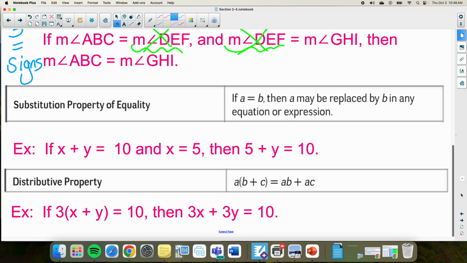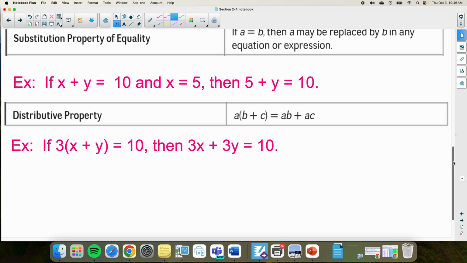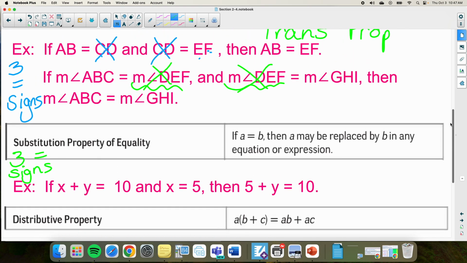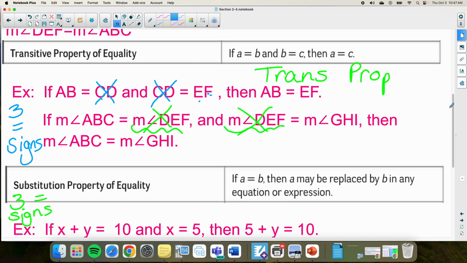So then we have two more. There is one that's called substitution, and you're familiar with substitution because you've done it in algebra. Whenever you have 3 equal signs, so notice this one also has 3 equal signs, how you tell between substitution and transitive is that in transitive, the ending of the first and the beginning of the second have to be the same.